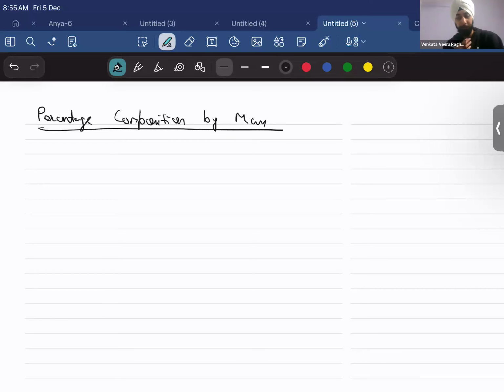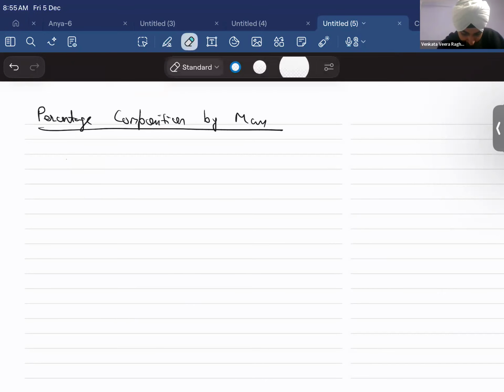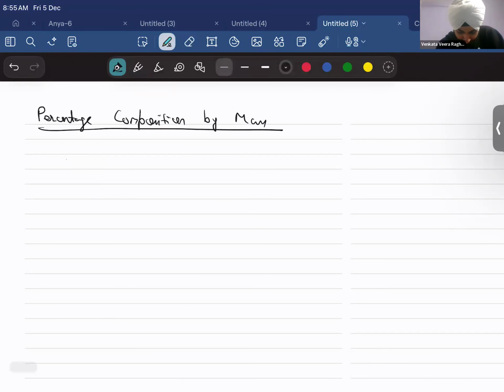Let's take N2O5 as an example, an oxide. N2O5. Now they're asking you what is the percentage of N by mass in N2O5?